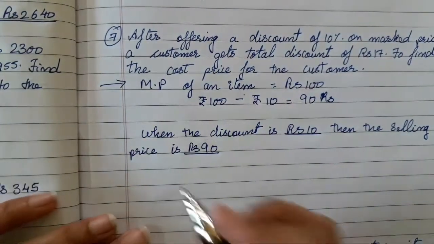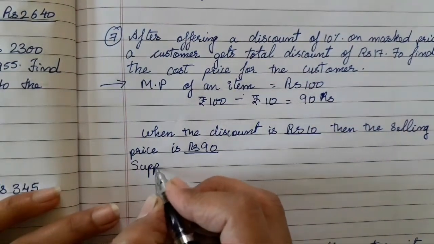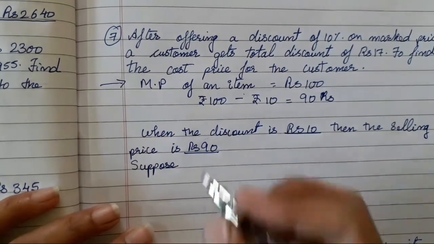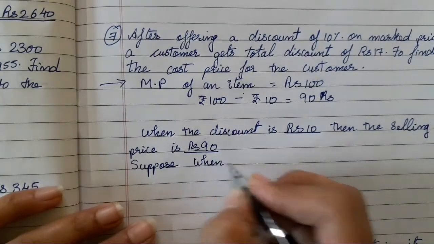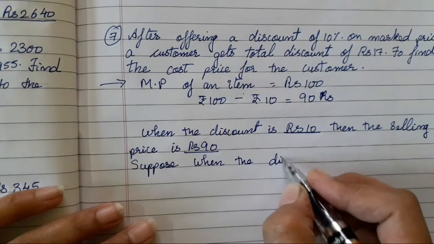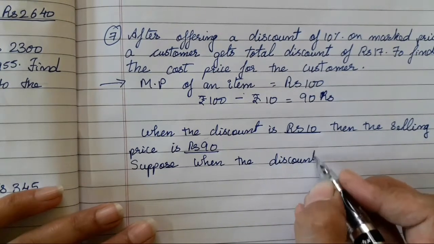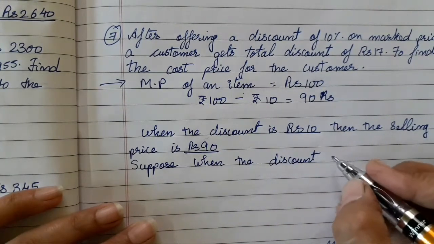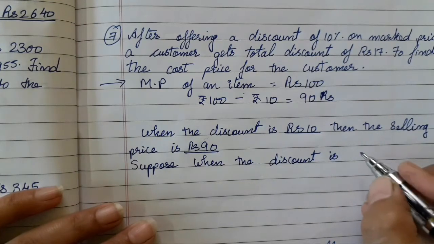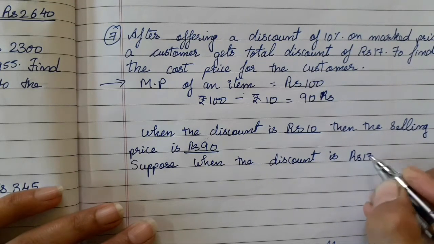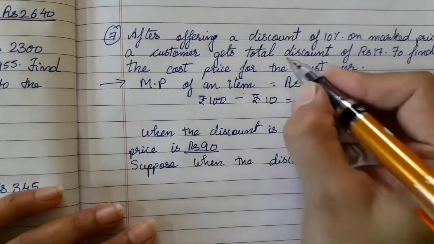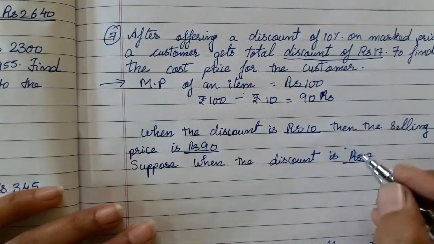Okay. Now, suppose when the discount is rupees 17, okay, this is what the total discount they have given.